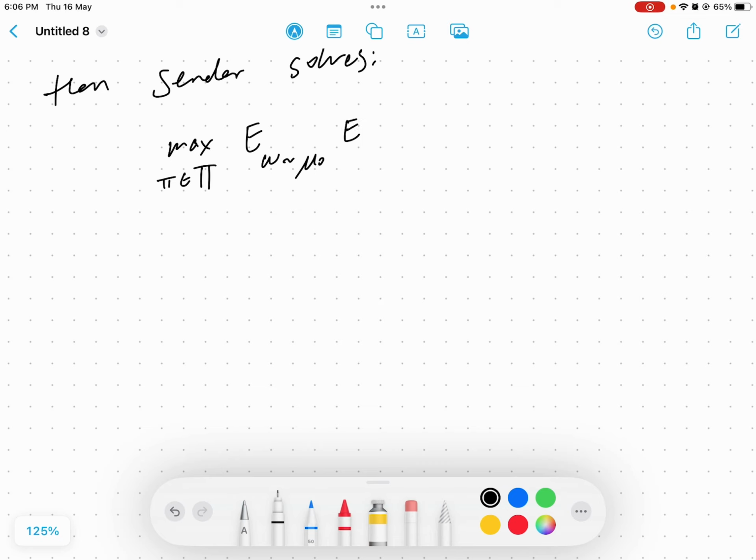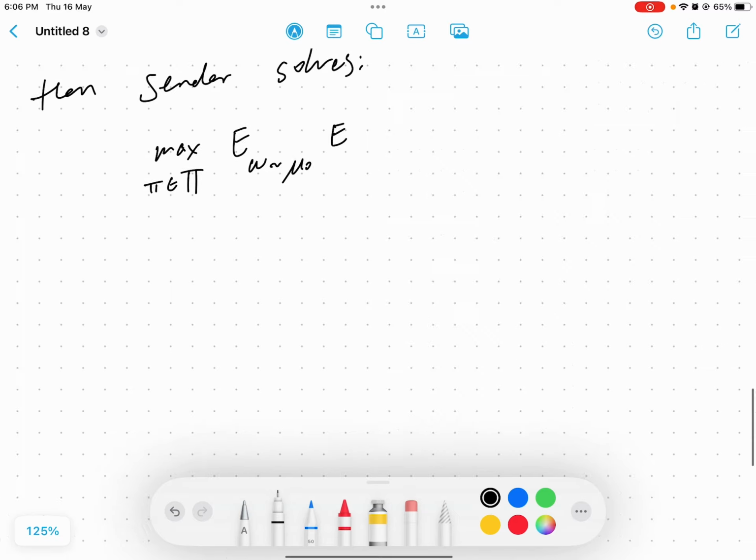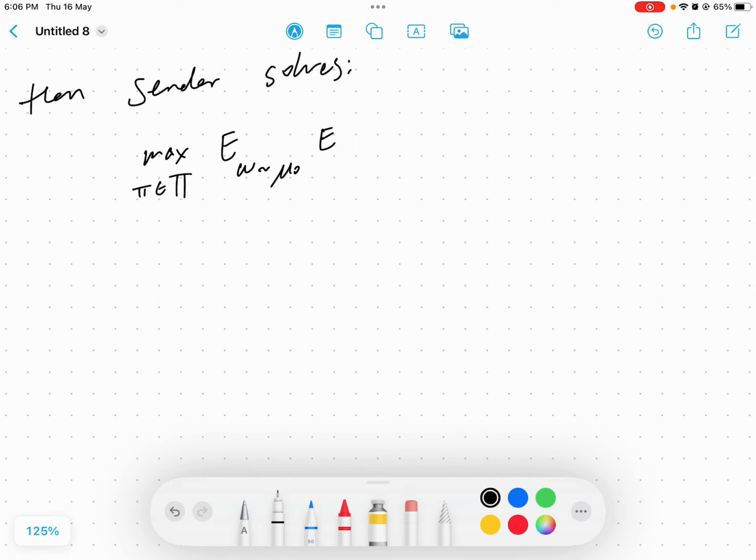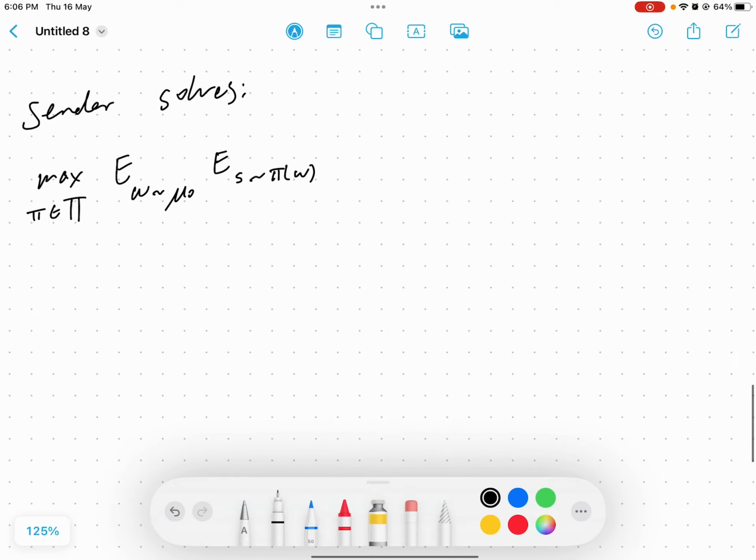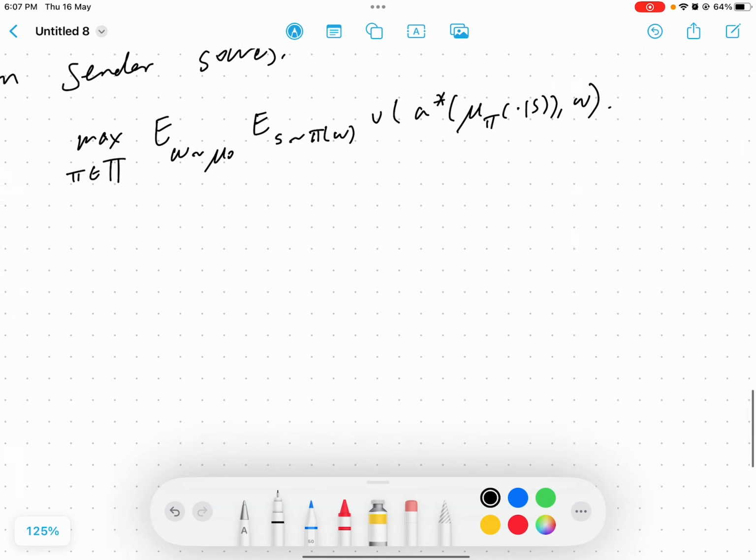And then write the other parts similarly to the receiver's, right? So here we have the signal realization is realized according to this signal, and the utility function for the sender, given the action for the receiver, and omega for the other part of the utility function.